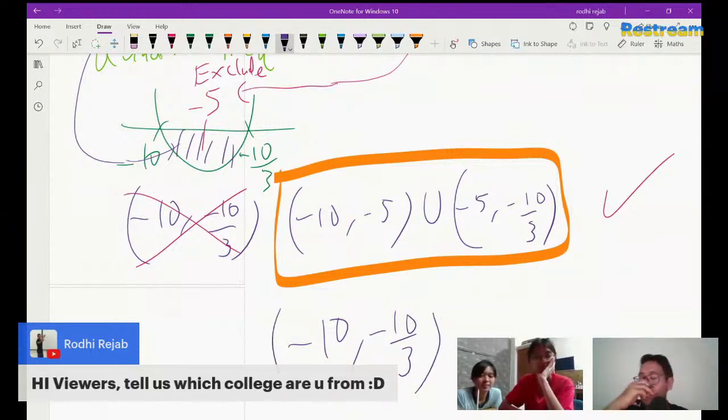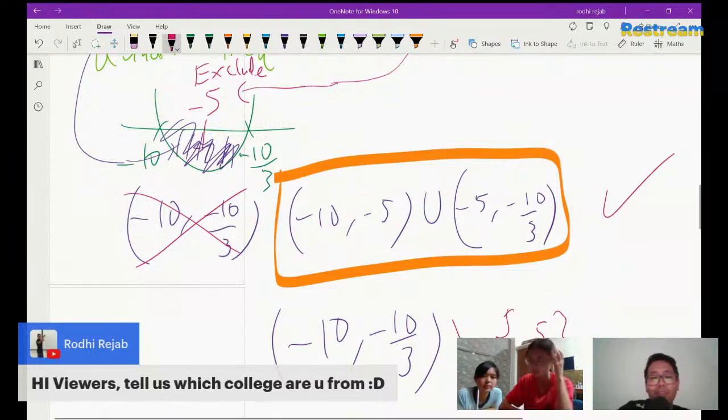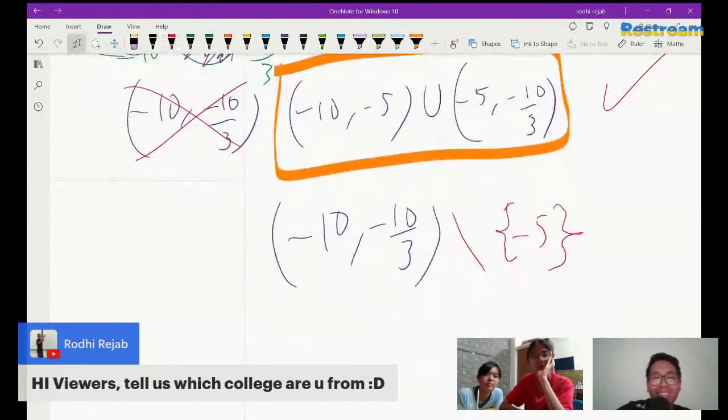So now you are saying that I'm taking the answers from this area. Just now you said, sir, you cannot write down like that. Yes. But now you need to tell that you are excluding negative 5. Remember already, this backslash here means exclude.